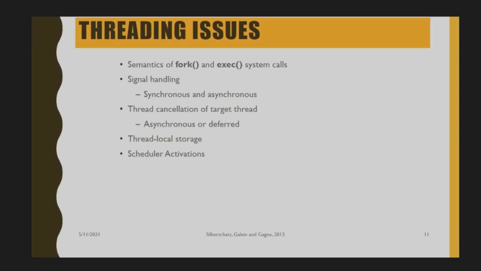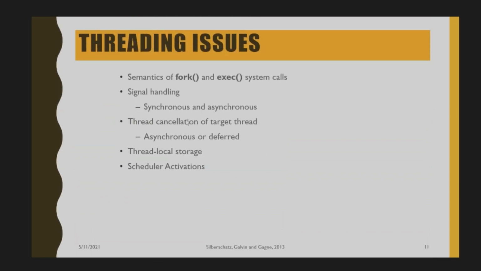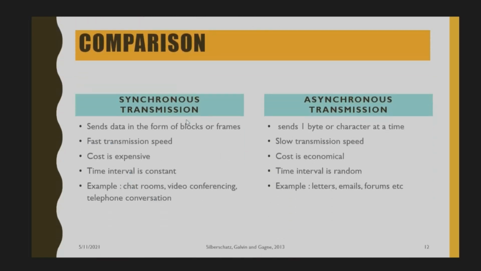The next part is about the comparison between synchronous and asynchronous, based on signal handling. In synchronous transmission, we send the data in the form of a block or a frame. In asynchronous, we send the data one byte or a character at a time.